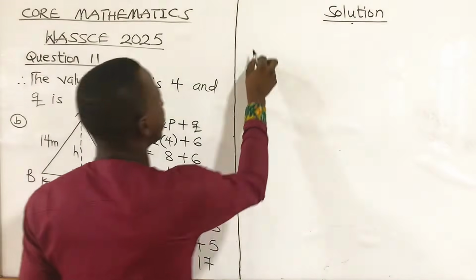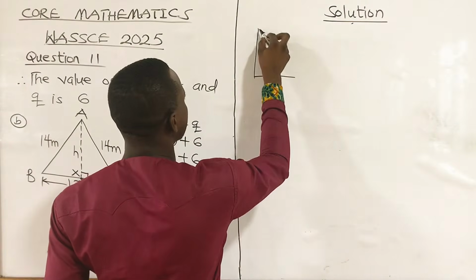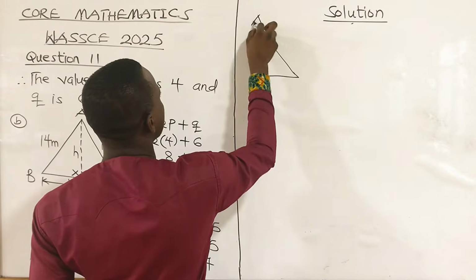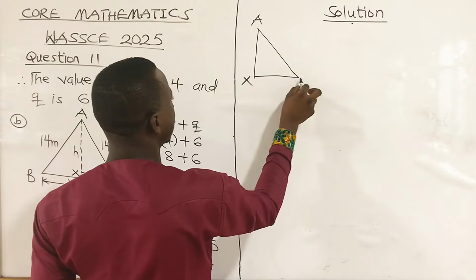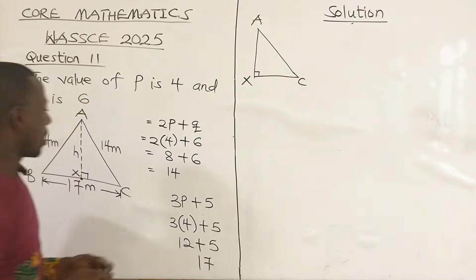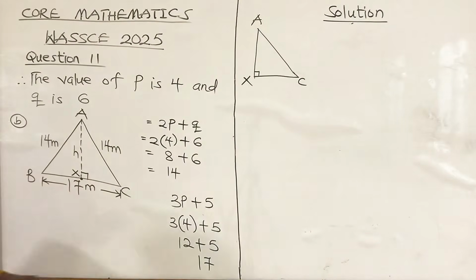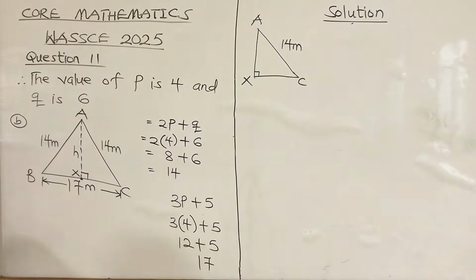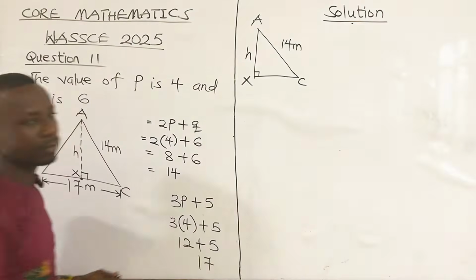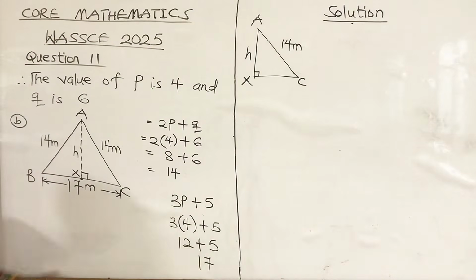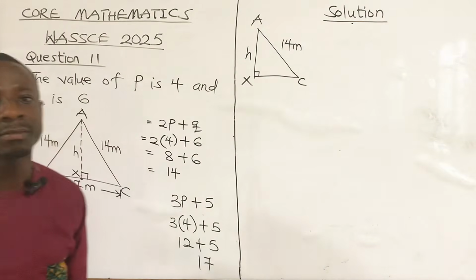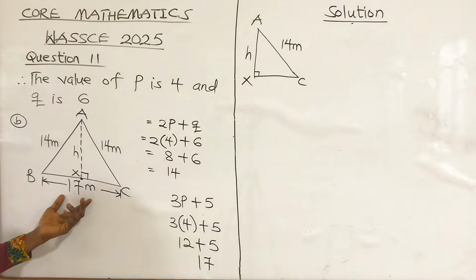So from the right-angled triangle AXC, I have AC to be 14 meters, and I have AX to be H. Then I have BC to be 17, but XC is half of the BC.